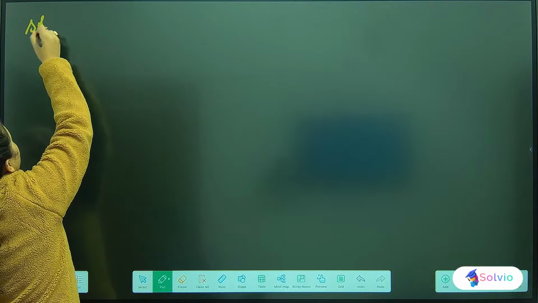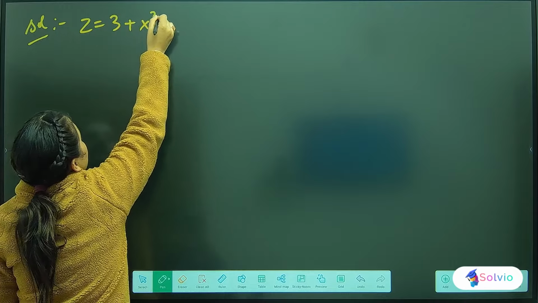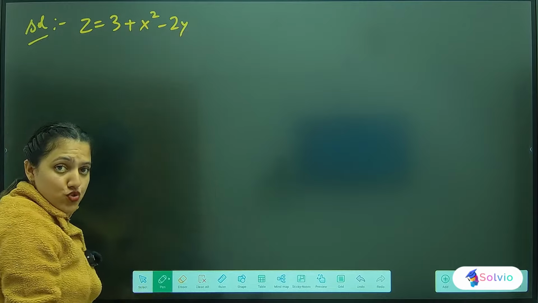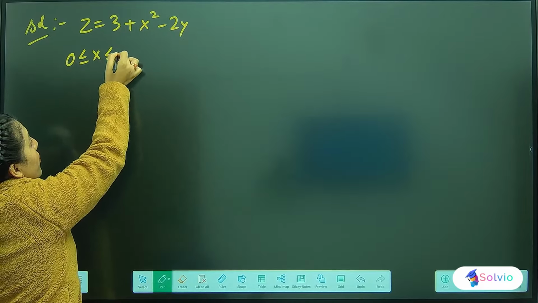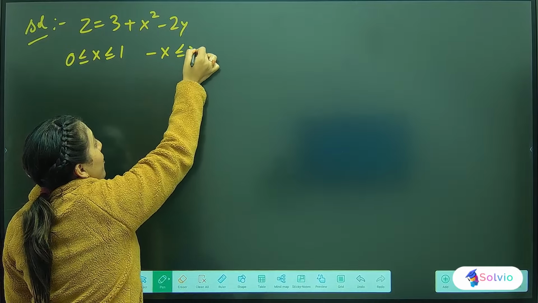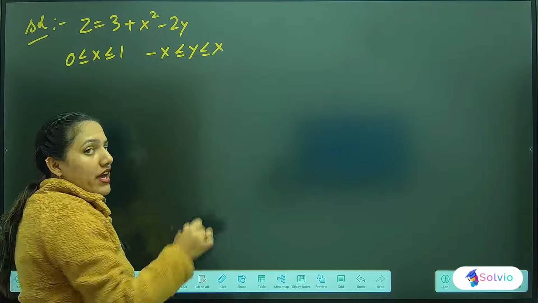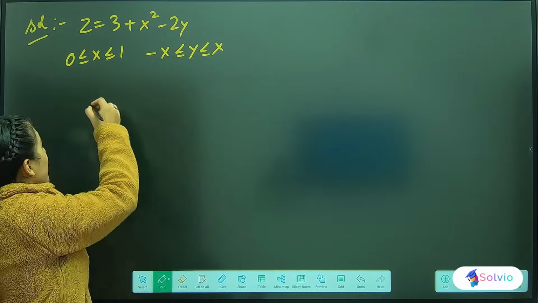Here we are given that z = 3 + x^2 - 2y, and that x varies from 0 to 1 and y varies from -x to x. Clear? Now we will find the volume.